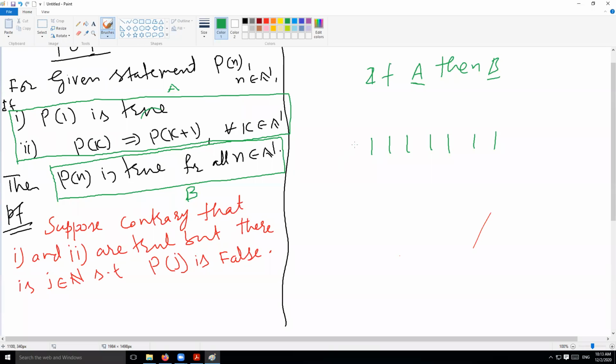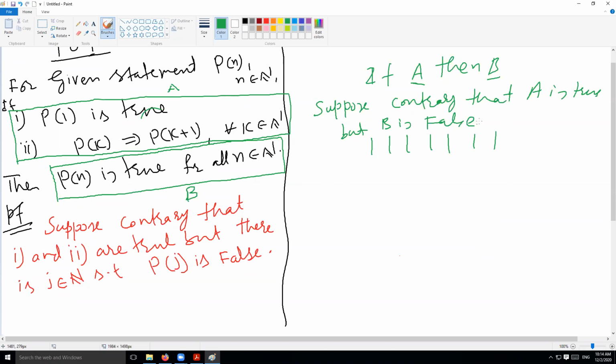In method of contradiction, you always have to say: suppose contrary that A is true, but B is false. In other words, the assumptions are true, but the conclusion is false.